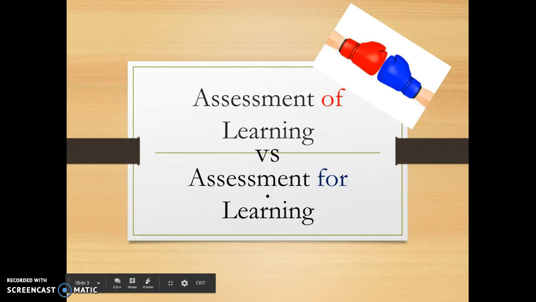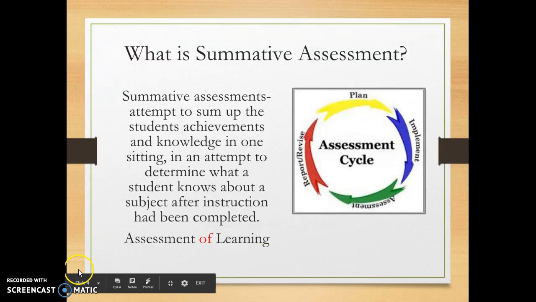We're going to focus, as I said, on two types of assessments, formative and summative, and ding ding, as you can see, it's kind of a boxing match between the two. One looks at the assessment of learning, while the other looks at the assessment for learning. So exactly what is a summative assessment? When you have a summative assessment, it kind of moves in a cycle.